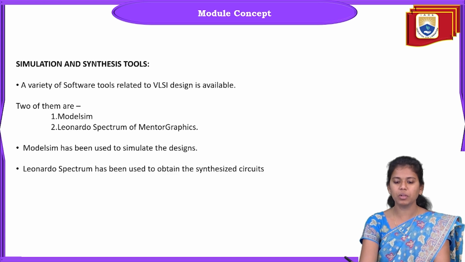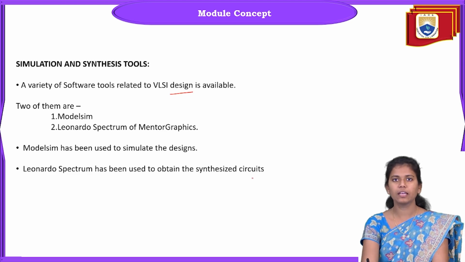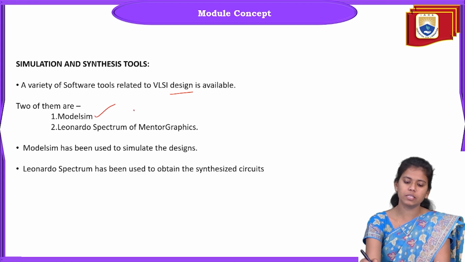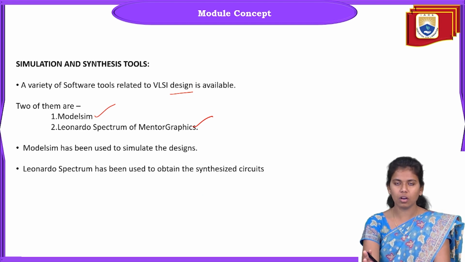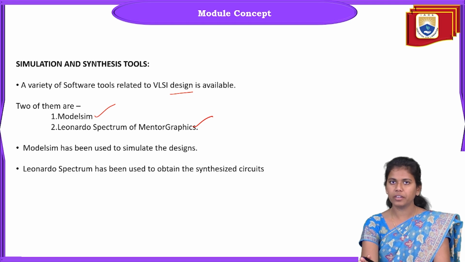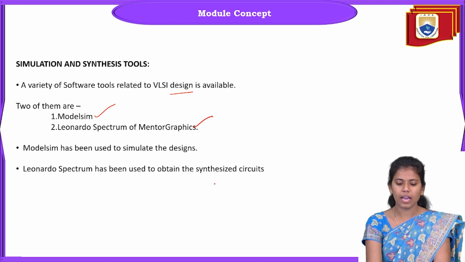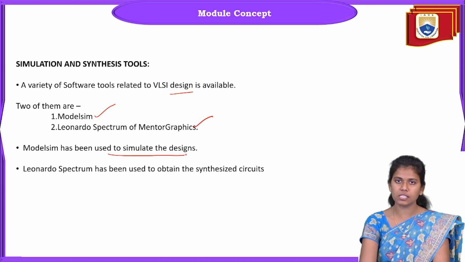Next, simulation and synthesis tools. A variety of software tools related to VLSI design are available. Basically, there are two foremost tools: ModelSim and Leonardo Spectrum of Mentor Graphics. ModelSim is used to simulate the designs.